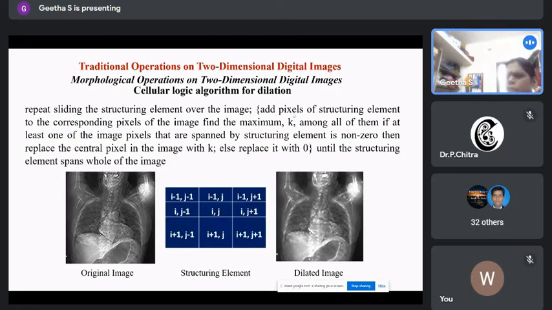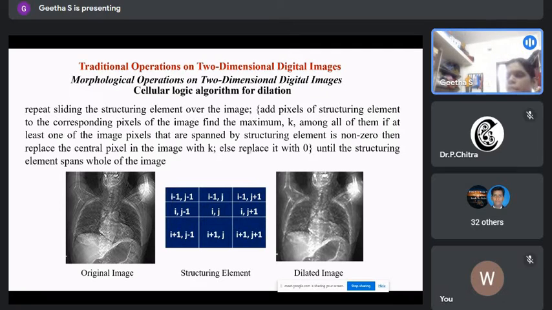This is the algorithm step. Add each pixel of the structuring element to the corresponding pixel of the image. Find the maximum value k among all of them, if at least one of the image pixels spanned by the structuring element is non-zero. Then replace the central pixel in the image with k. Otherwise, replace it with 0.